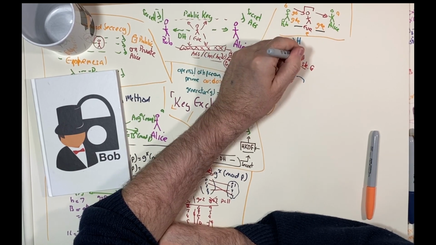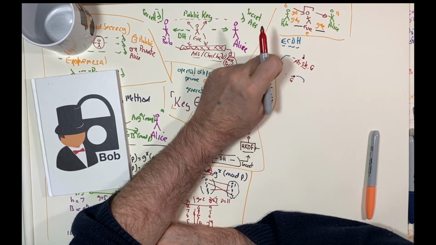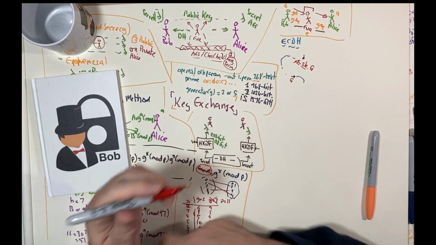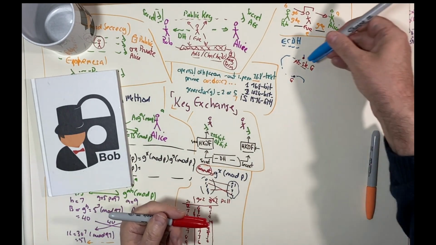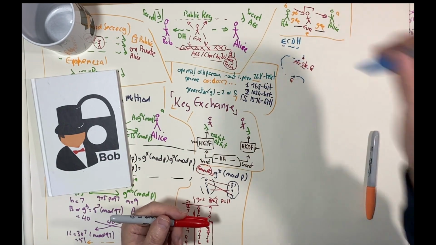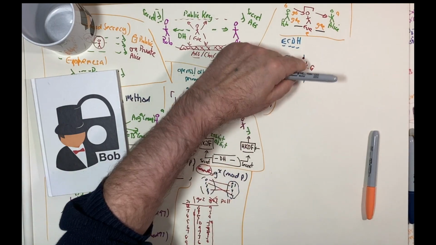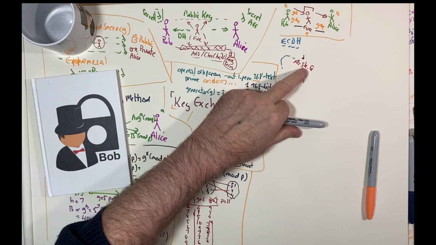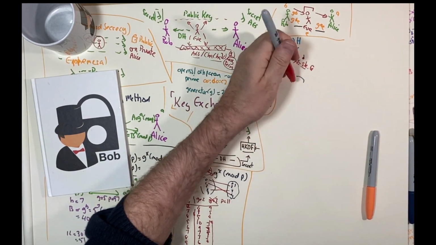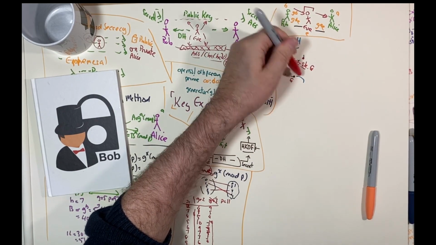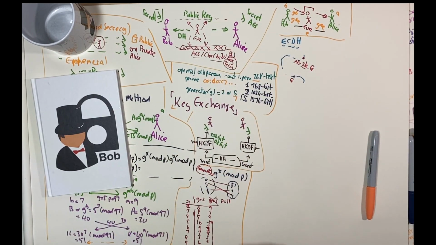Our public key is a point on the elliptic curve, and we just use point addition to find that. Our private key is here and our public key is there, and it's too difficult for Eve to determine this secret key, even though she knows G and the public key point.